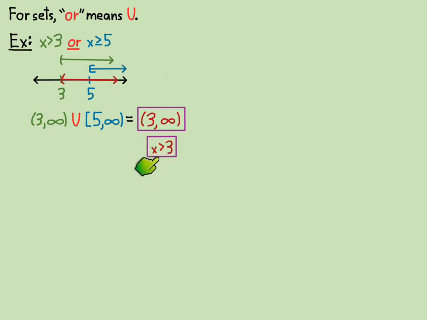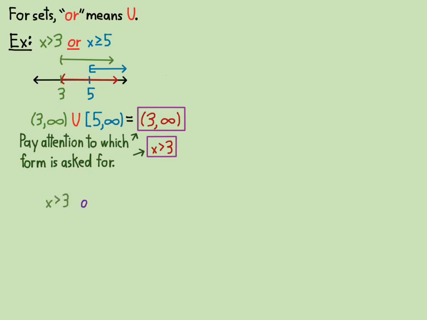And this is algebraic notation. x is bigger than 3. x is greater than 3. Yeah, they could ask for either form, so pay attention. Or they could ask for the graph, but usually people won't mess that up because they'll have a place to graph it. Now let's do "and" with the exact same ones.